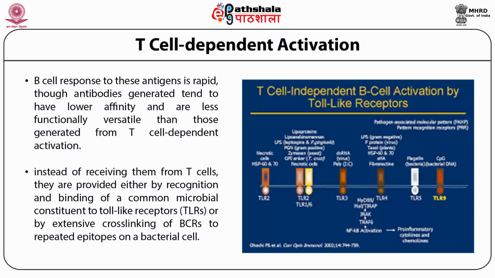These toll-like receptors recognize the signature molecules present in various bacteria, and this leads to activation of the B cell. This activation of the B cell by the toll-like receptors as well as the T cell growth factors leads to the expansion of the B cell, and finally leads to the synthesis of antibody molecules.